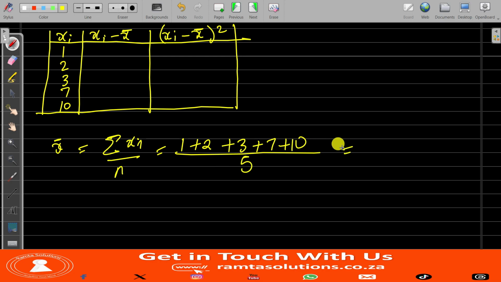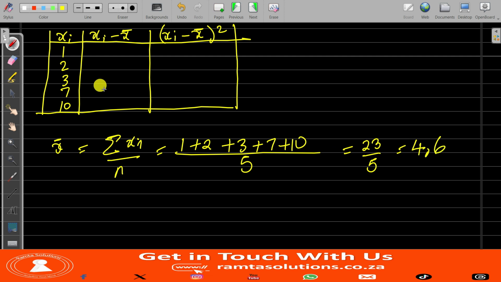So we have 23 out of 5. What is 23 divided by 5? Let me confirm: it is 4.6 indeed. Our mean is 4.6.